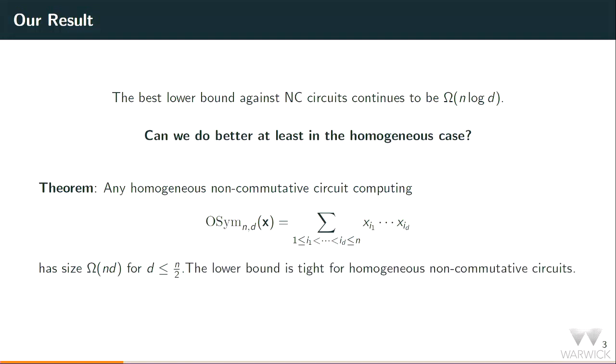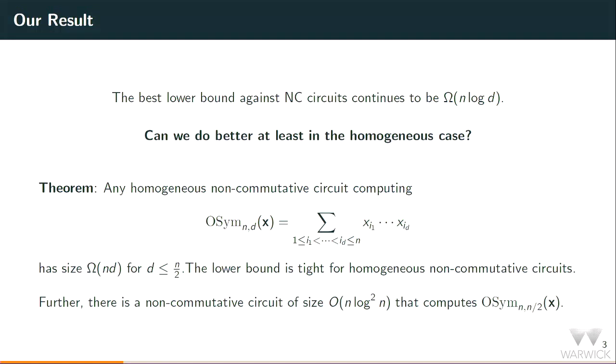Okay, and additionally, this bound is actually tight in the homogeneous setting, and interestingly, you actually have a better upper bound if you don't put the homogeneity restriction. So additionally, our lower bound also gives us superlinear separation between homogeneous and non-homogeneous non-commutative circuits.